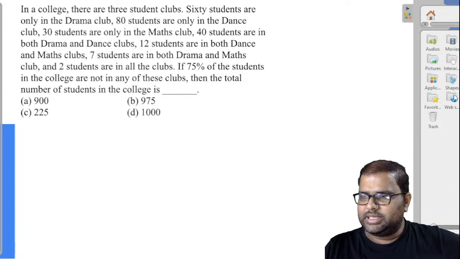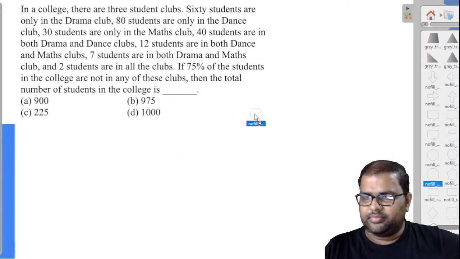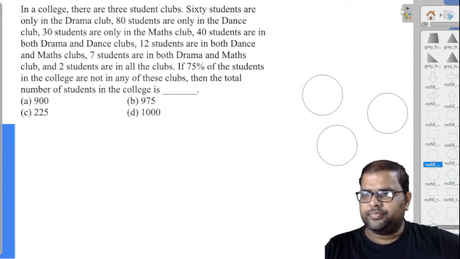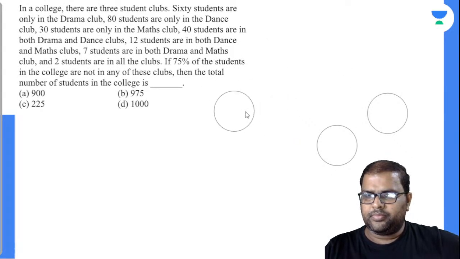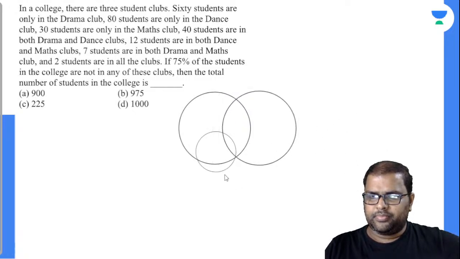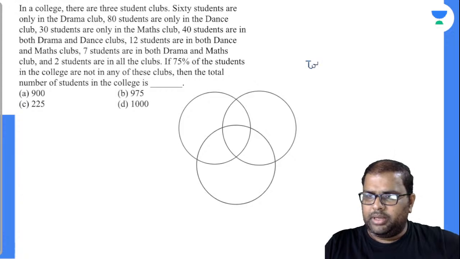In a college, there are 3 student clubs. So by this, I can decide that this is a 3 variable Venn diagram. We draw the things there. The total value I don't know, as per the data, by reading the first sentence.